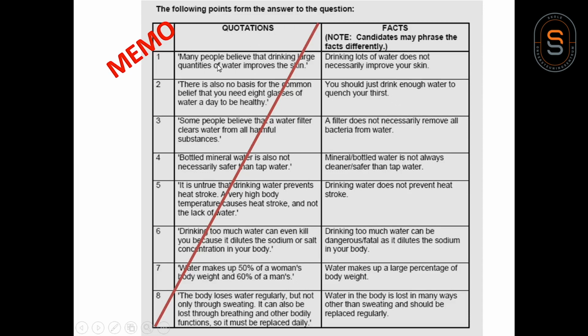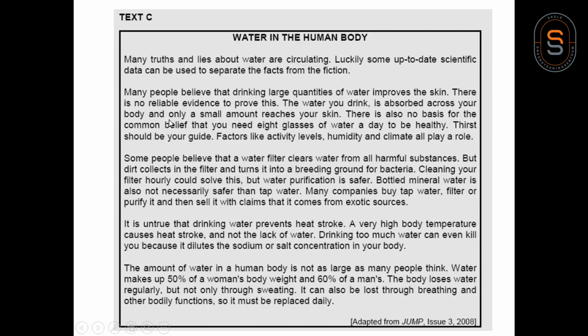So here's the quotations. Many people believe that drinking large quantities of water improves the skin. So what did you do first of all? You highlighted that part. To make it easier, highlight that part and on top of it write a small number 1.